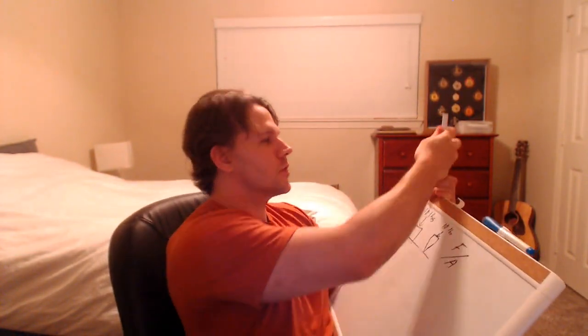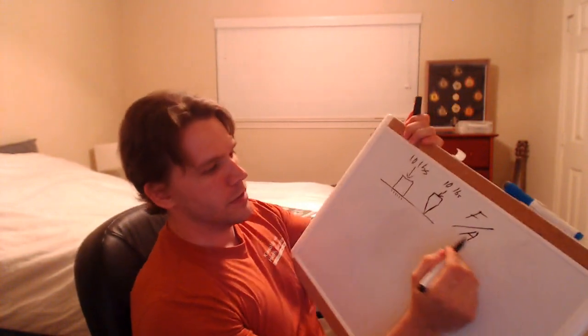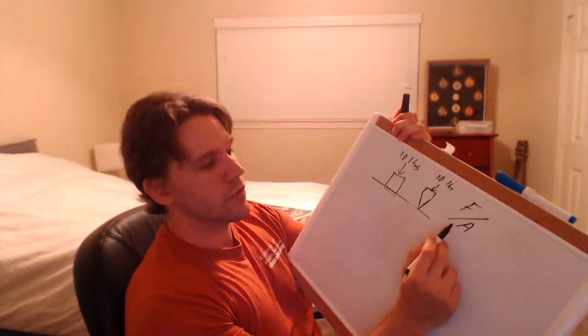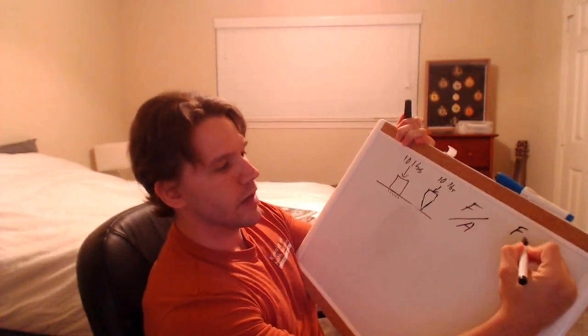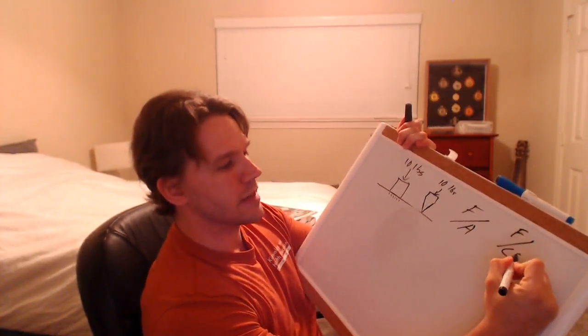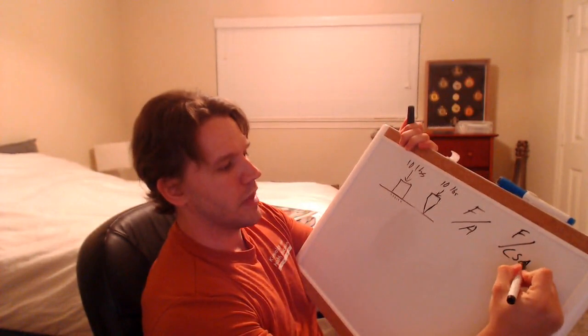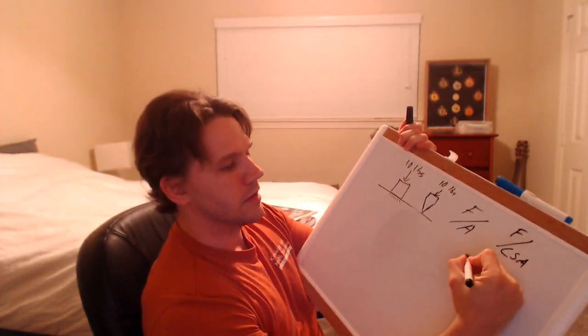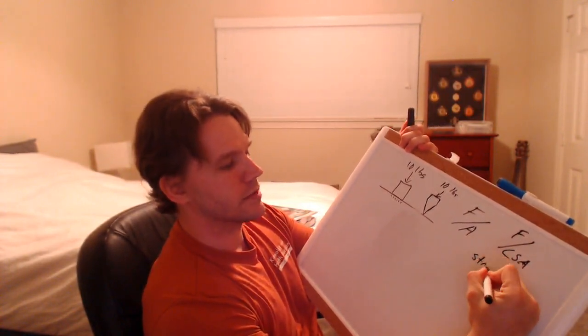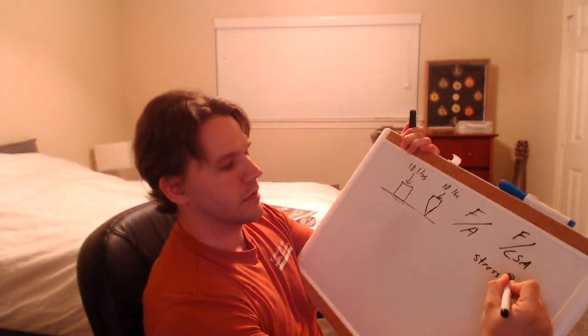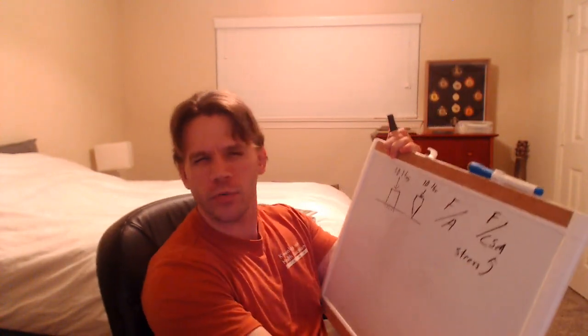This first one is just force divided by area. If it's surface area, then that's pressure. But if it's force divided by cross-sectional area, I'll put CSA, then that is stress. Okay? Hopefully that makes sense.